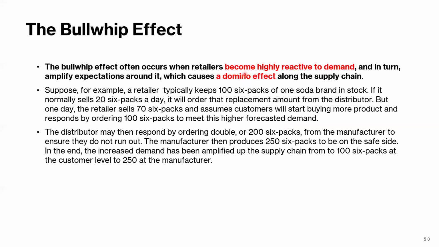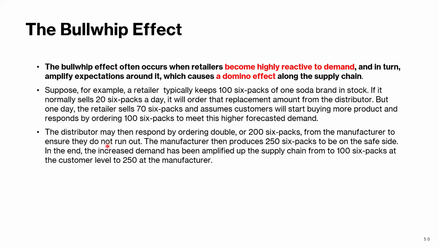Then this will cause a domino effect, right? The distributors and manufacturers get a sudden rise in orders, right? So they have to fulfill it. To be safe, they order twice from their manufacturer, their suppliers, right? So it will become a wave in the entire supply chain, right? Because of this bullwhip effect.